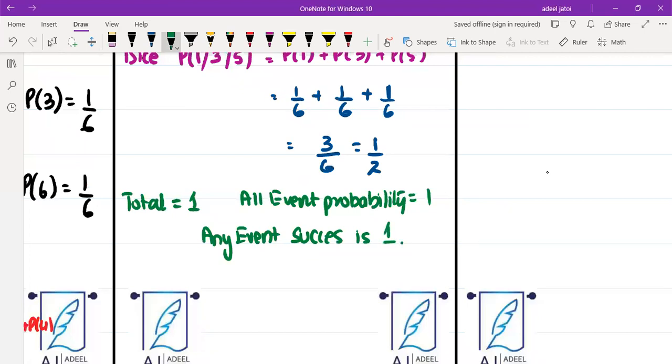Now, these are the other words, synonym words used. Any event success is 1. So that means any failure of event will be 0. Exactly not happening. So that means that will be 0.